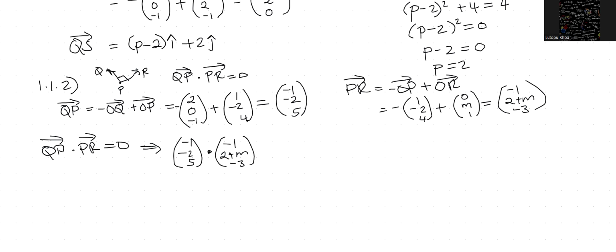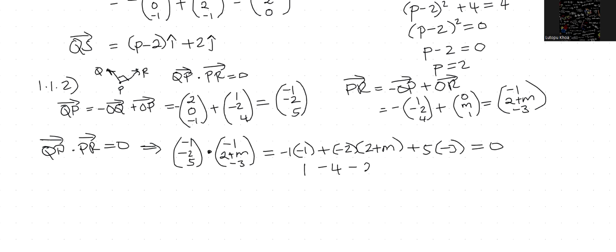Okay, so this is equal to minus 1 times minus 1 plus minus 2 times 2 plus M plus 5 times minus 3. This is equal to 0. So we have 1 minus 4 minus 2M minus 15 equal to 0.